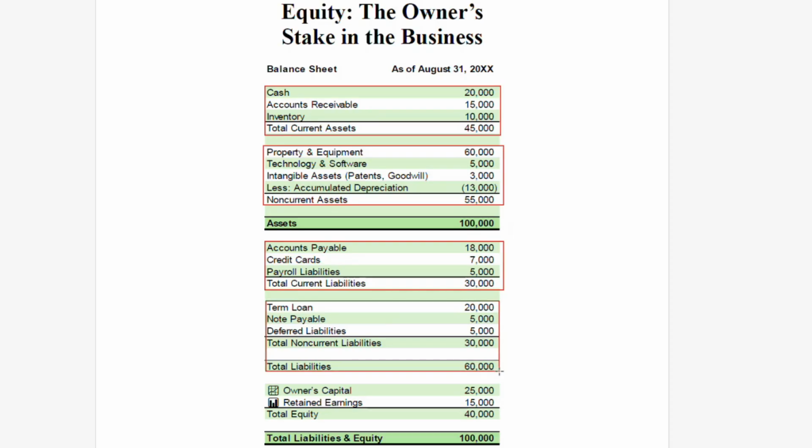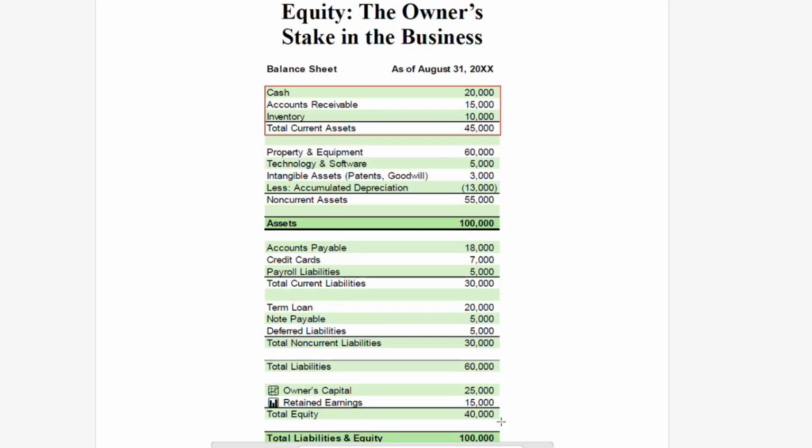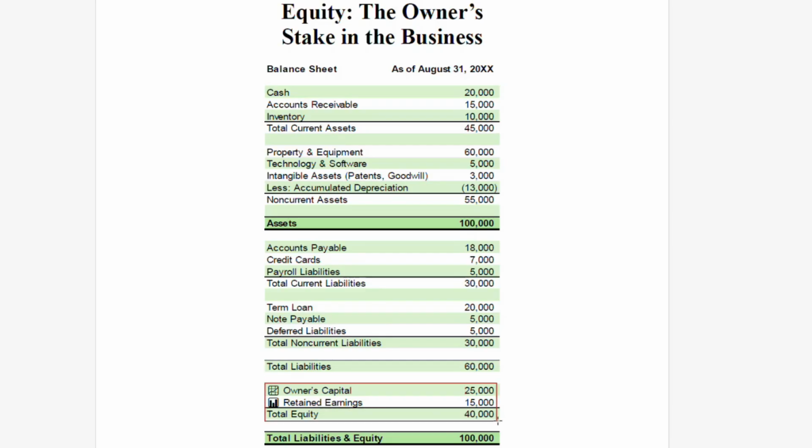Okay? So that leaves us with our equity section down here. Let's get all that off there for a second. This is the section we're looking at right now, the total equity section.